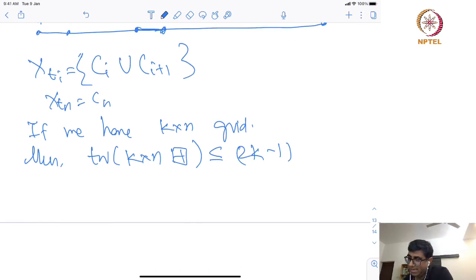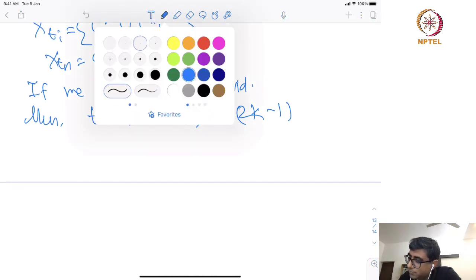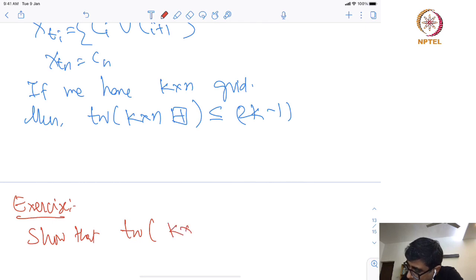Okay. So, here is my exercise. Show that the treewidth of the k cross n grid is at most k.